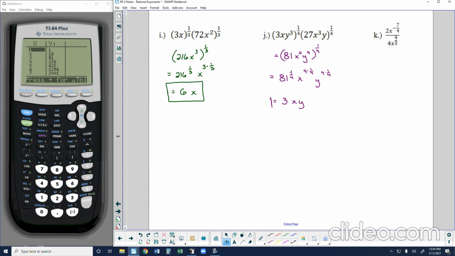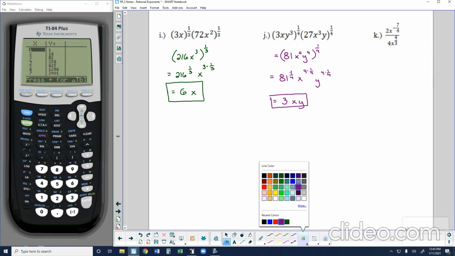The same thing would happen for y. So you should get just 3xy. So what's good to note here is we can use our exponent properties, but we can also use our properties that we learned with radical expressions, because anything that has the same rational exponent is the same type of radical expression. So it works both ways here.